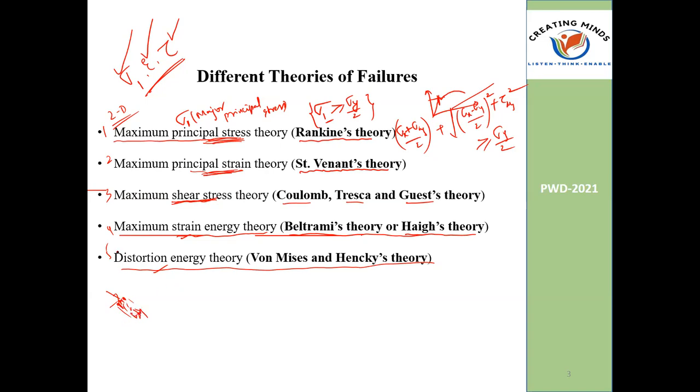So this is called strain energy. And distortion energy theory means when the body experiences a huge load, the material behaves drastically, which means the energy is lost suddenly. Sudden destruction of the material, failure, occurs. Because of this, the material fails. So that particular theory is called distortion theory, and also the von Mises and Hencky theory.